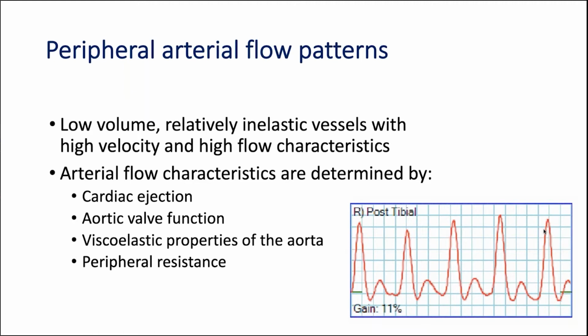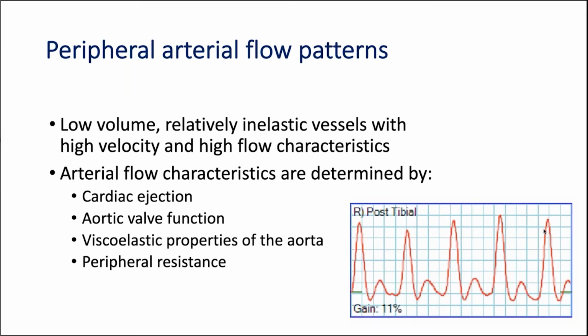These flow characteristics are determined by a number of features, many of which relate to the heart. So cardiac ejection is obviously the main motivating factor. Remember, with each heartbeat, the normal heart will eject approximately 60 to 70% of the volume of blood within the left ventricle. And that results in a stroke volume of about 60 to 70 milliliters with each heartbeat.